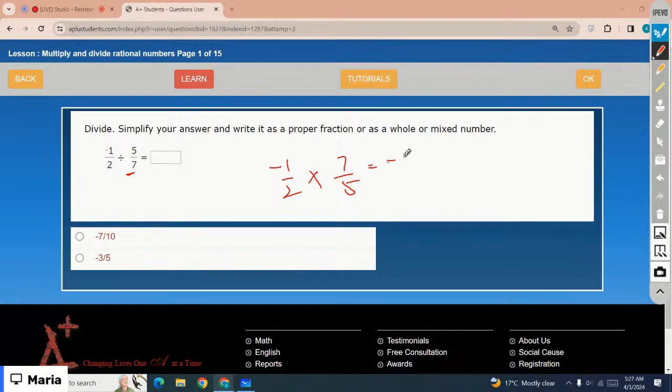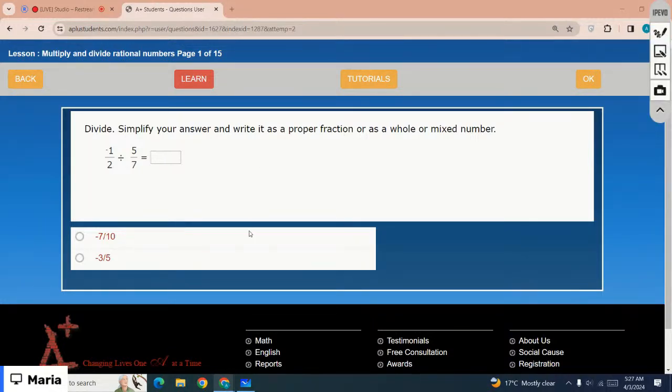So negative 1 times 7 is negative 7 and 5 times 2 is 10. So that would be negative 7 over 10. The correct option is negative 7 over 10. Option number 1 is the correct option.